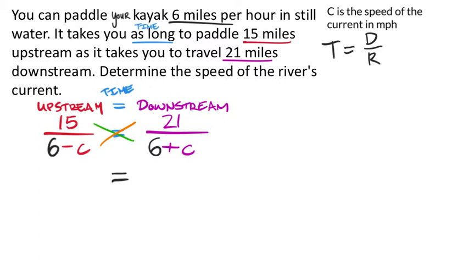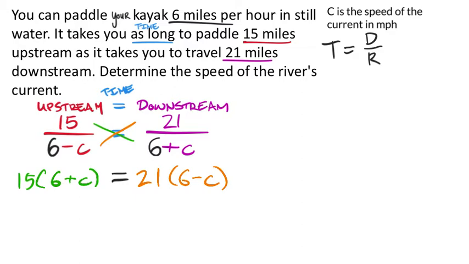So my green multiplication would be 15. Okay, so that's 15 times the, where it's crossed with multiplication, right? 6 plus c. And then on the right side, I'm multiplying, it's 21 times the 6 minus c. So I'm putting the 21 in front just so it looks kind of familiar there.